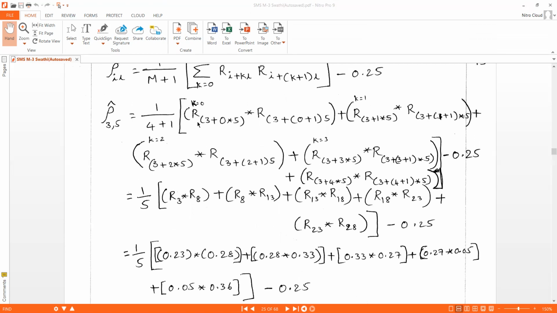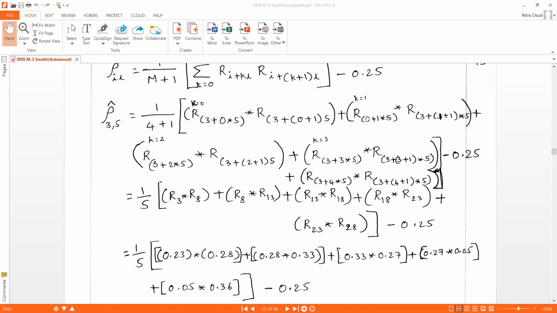That is R of 3 plus 0 into 5, into R of 3 plus 0 plus 1 into 5. 0 plus 1 is how much? It is 1. 1 into 5 is 5, plus 3, it is 8. So it is R3 into R8.